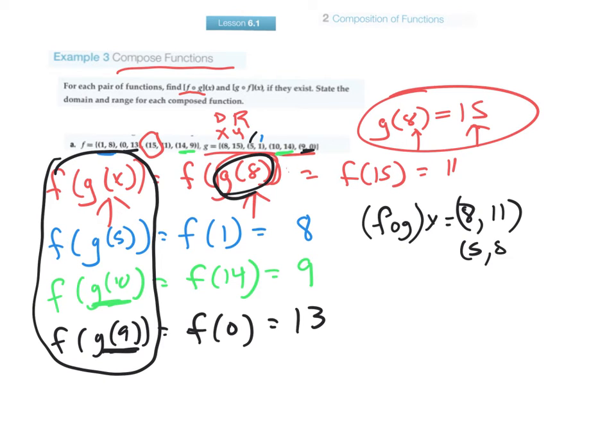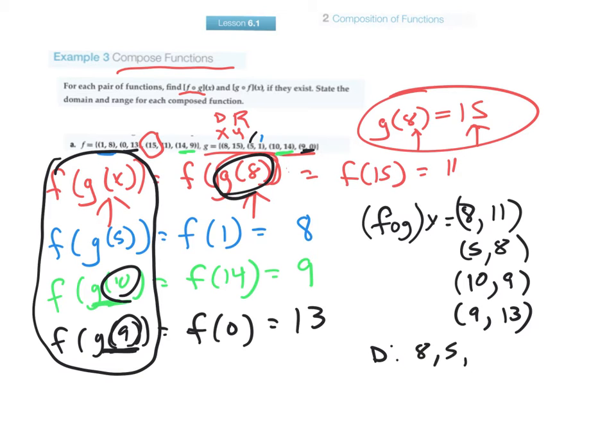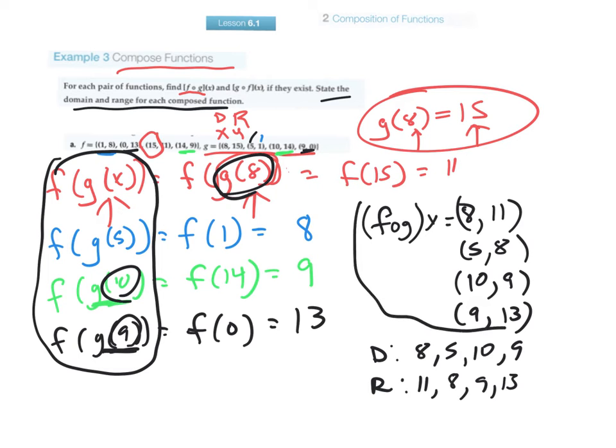I'm going to get 8. When I put in the 10, I'm going to get 9. And when I put in the 9, I'm going to get 13. So we're substituting one function into the next to get our new answers. Our new domain is now 8, 5, 10, and 9, and our range is just the Y values, 11, 8, 9, 13. So when it says state the domain and range of the composed function, it's easier to write it out in ordered pairs, and then from there, pull out your X's and your Y's for your range.